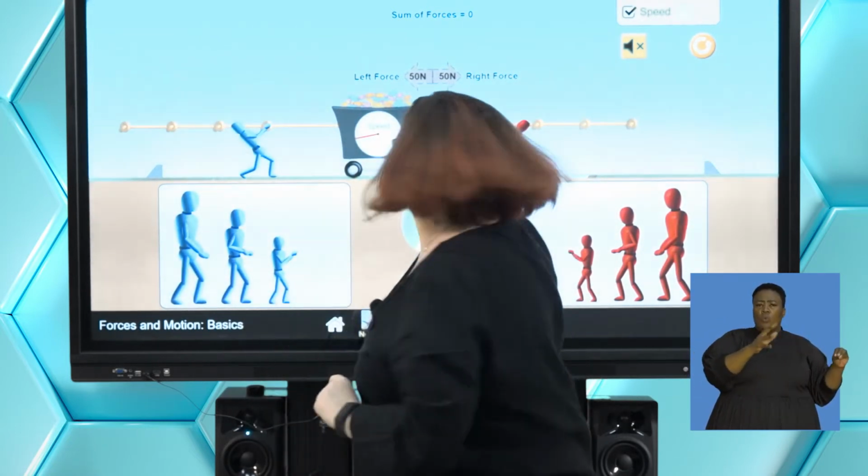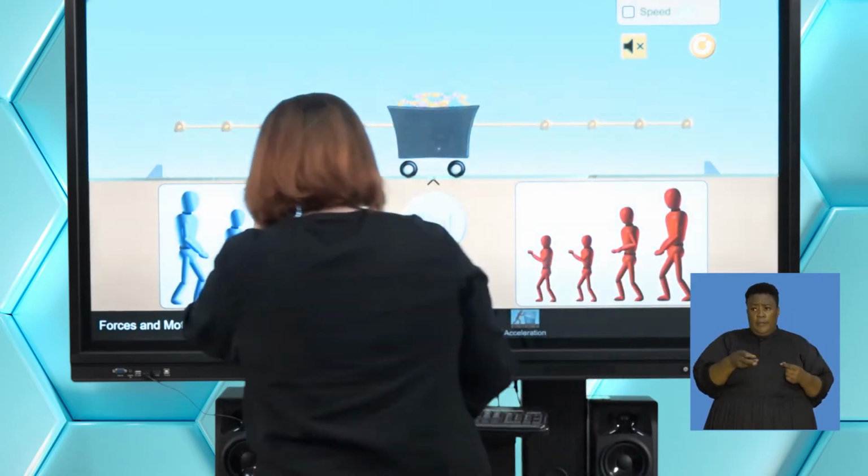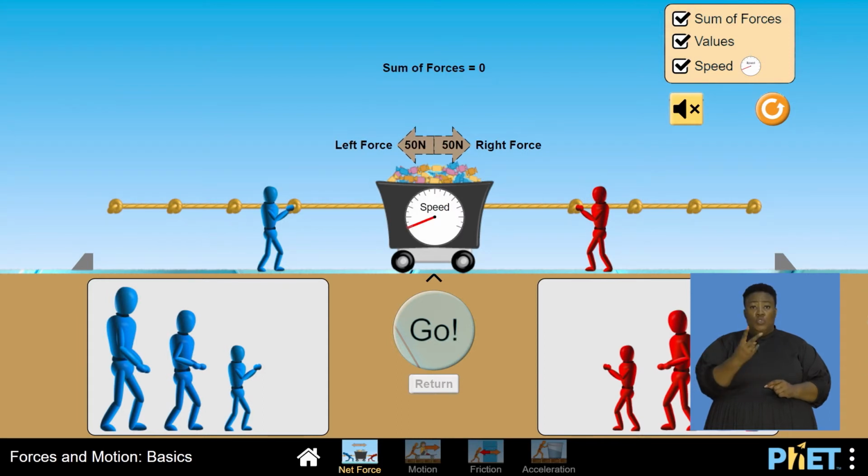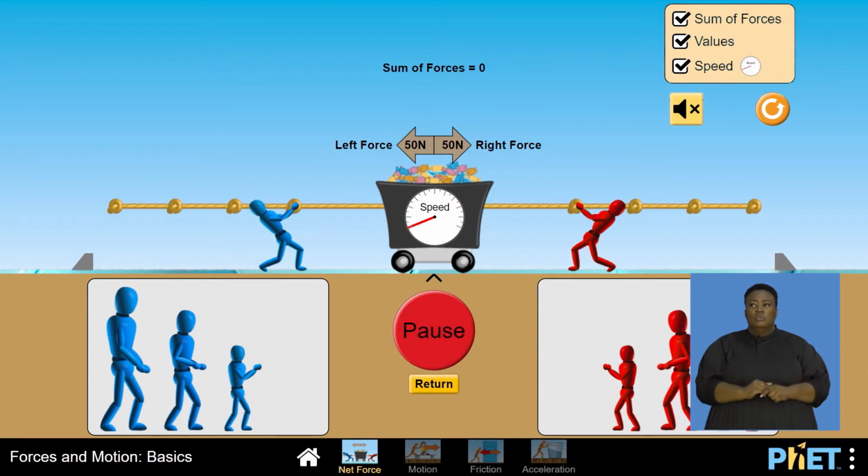If we reset this again, this time I'm going to put the two forces on straight away. We have equal forces. Now watch. It doesn't go anywhere. It stays stationary. This time it stays stationary because it was stationary originally.